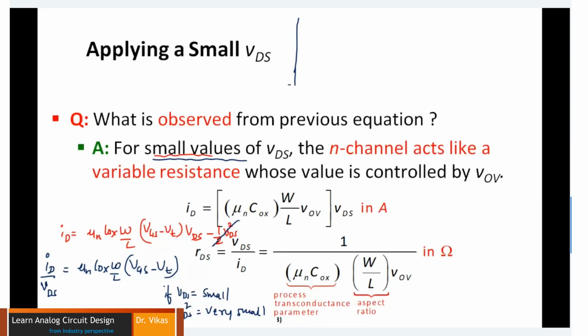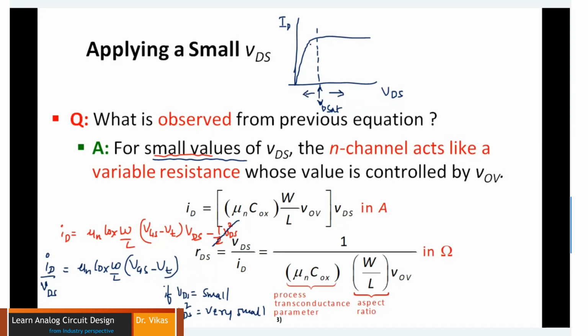Because like I told, when I plot a graph of VDS versus ID, you get a graph something like this. And here you depict two regions: one for a VDS greater than this particular value, VD sat, and one for a VDS lesser than this.